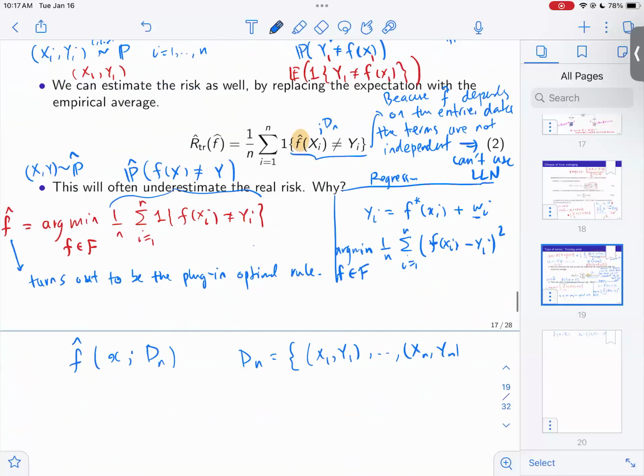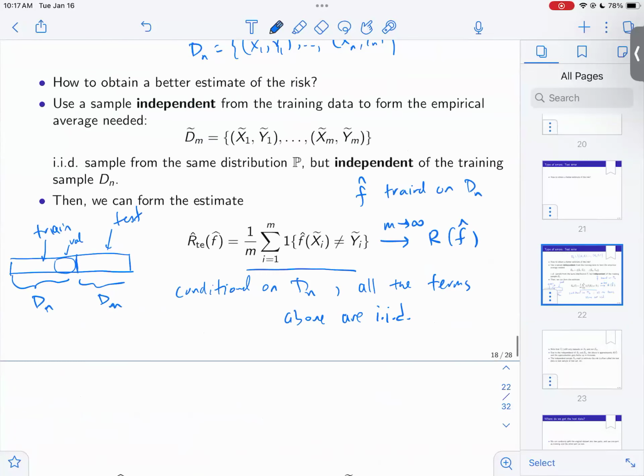But if you do this, it becomes both unbiased and consistent. The expectation of this, you pass it through the expectation. Each one of them will be the probability of error, and then m of them have the same expectation.